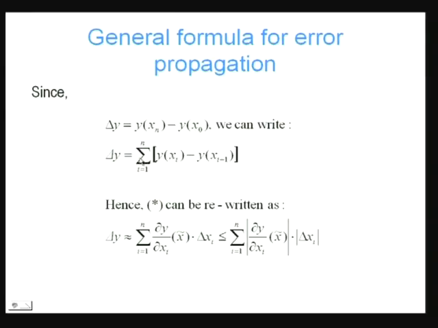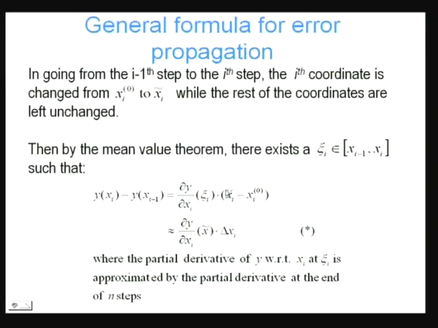We can actually write delta y as the sum over i to n of y of xi minus y of xi minus 1. It turns out that if we do this summation, all the intermediate quantities are going to cancel out, and we would be left with y of xn with i equal to n minus y of x0 where i is equal to 1. Because of this, we can rewrite this expression.